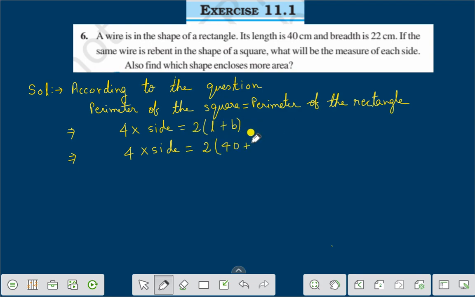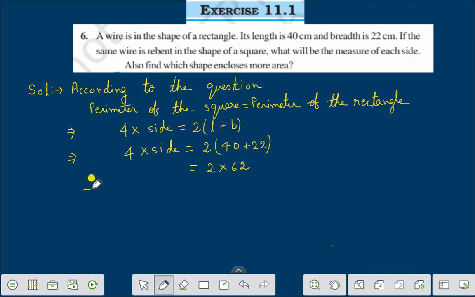So 40 plus 22 is 62, and we get 62 into 2.